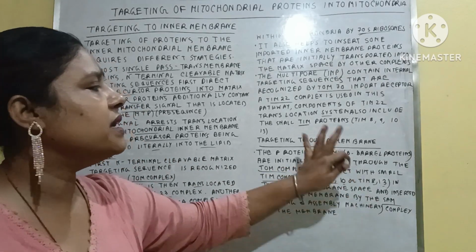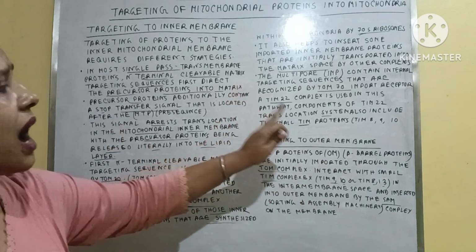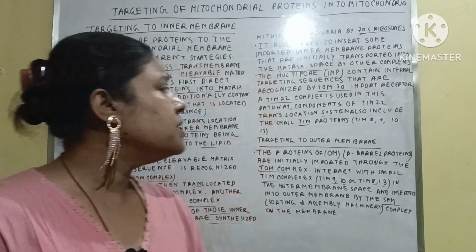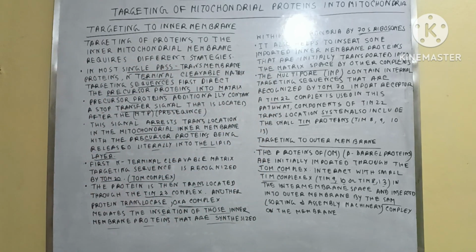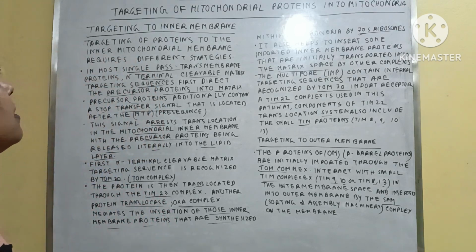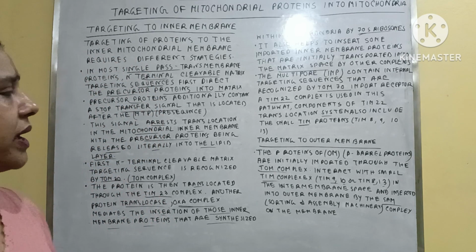This also helps in the translocation of outer membrane proteins, or outer membrane pre-sequences. So these are the translocation pathways of membrane proteins, that is outer membrane proteins, inner membrane proteins, or matrix proteins.